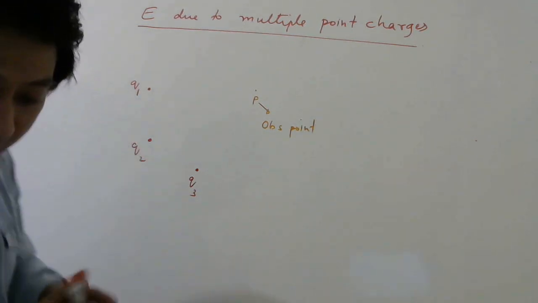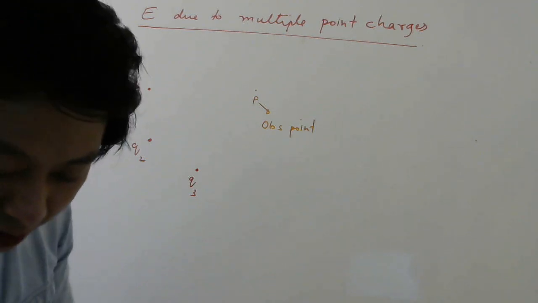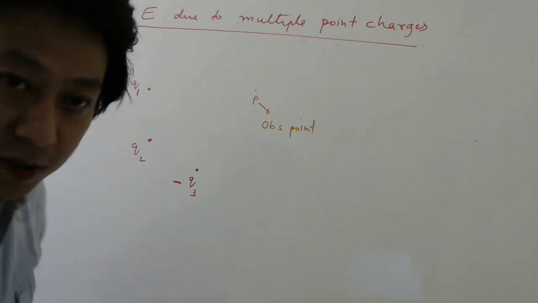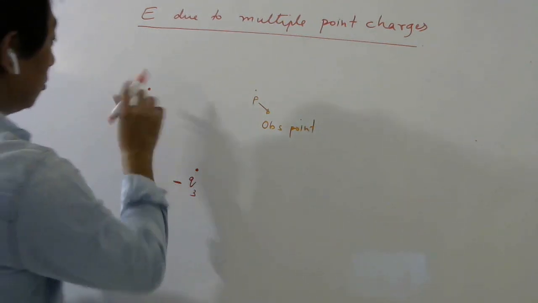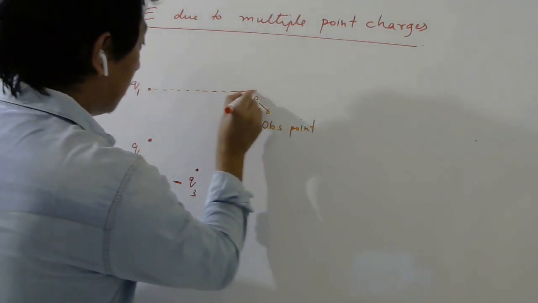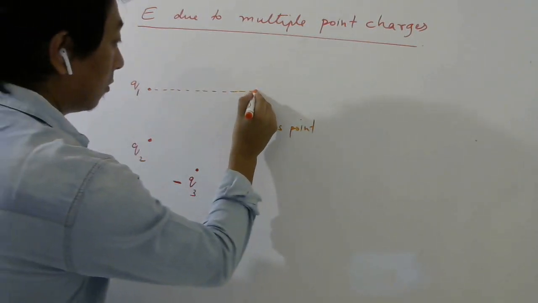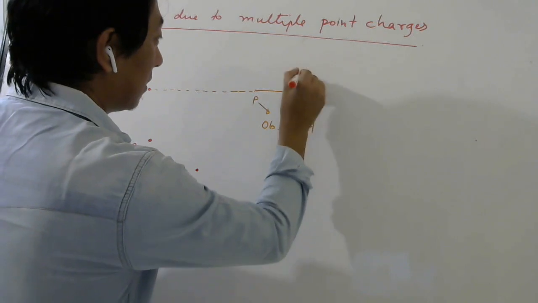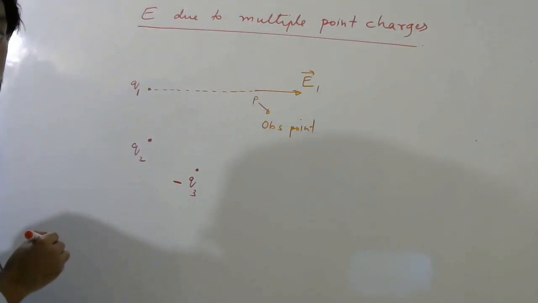So let us make it interesting. Let us make one of the charges negative. You try for positive, it will be easier. So due to this Q1, the electric field will be positive, meaning it will be away along this line. This is your E1. Right, students? Okay.